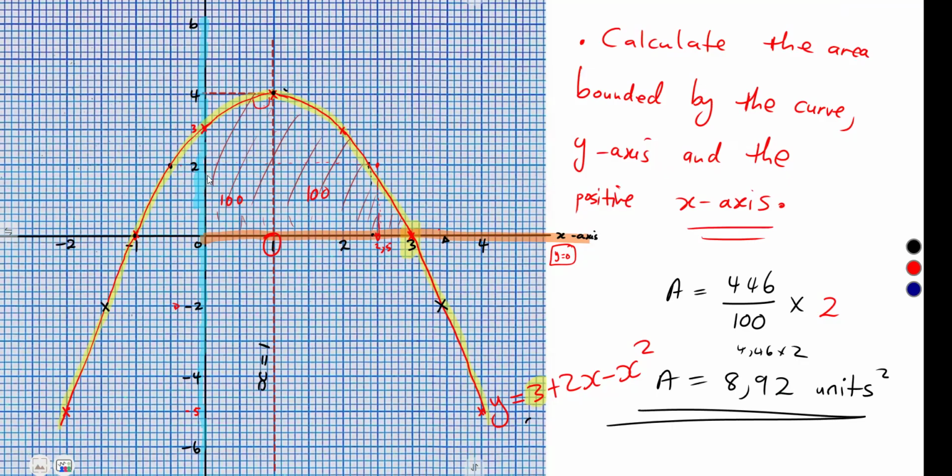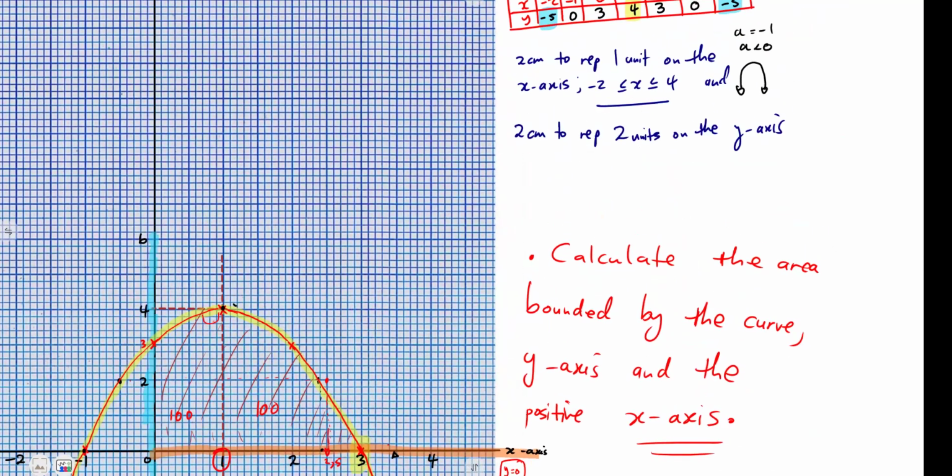So you use the area of the unit square. This is our unit square, the first box from the origin. You calculate its area: what is here times what is on the other side. 1 times 2, length times width, or according to the scale, 2 centimeters to represent 1 unit, 2 centimeters to represent 2 units.